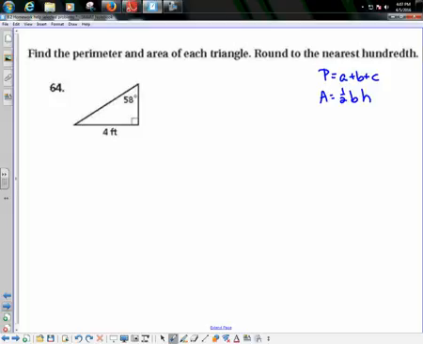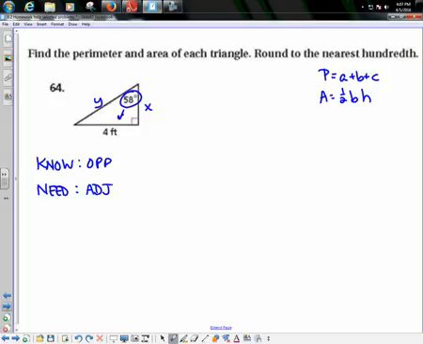And I know 58. I need to know this, and I need to know this. So in relationship to 58, the thing that I know is the opposite side. And for right now, the thing that I need to know is my adjacent side.